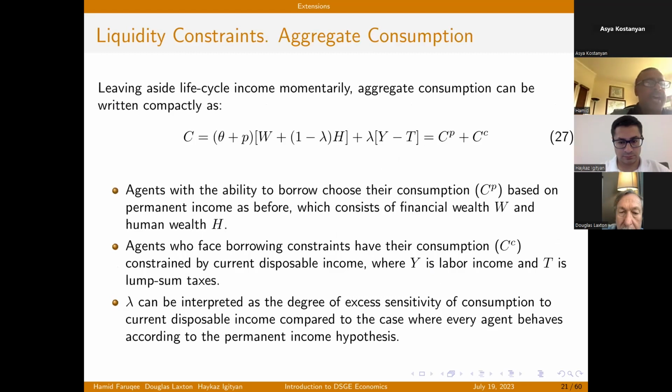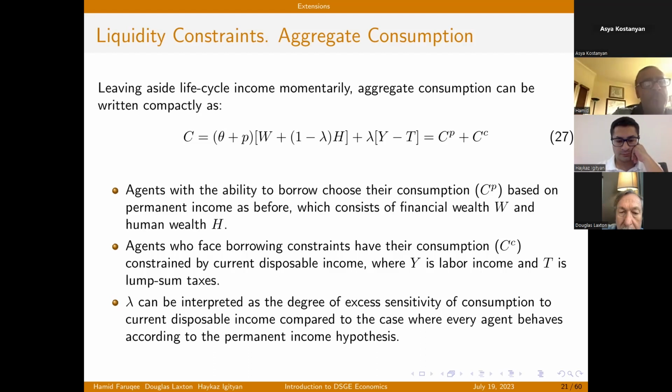So once you do that, you have changes in the aggregate consumption that we talked about earlier. When we introduce liquidity constraints, equation 27 is close to what you would get. You can look at it as a sum of two parts.